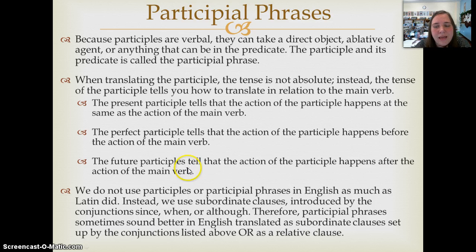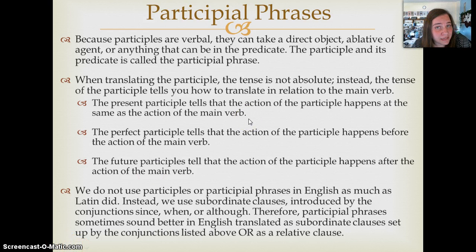Okay? Here's the thing. We do not use participles or participial phrases in English nearly as much as they did in Latin. Okay? So, to our ears, participial phrases can sound pretty weird, right? For that reason, instead of translating a participial phrase as a participial phrase, we often translate it as a subordinate clause.